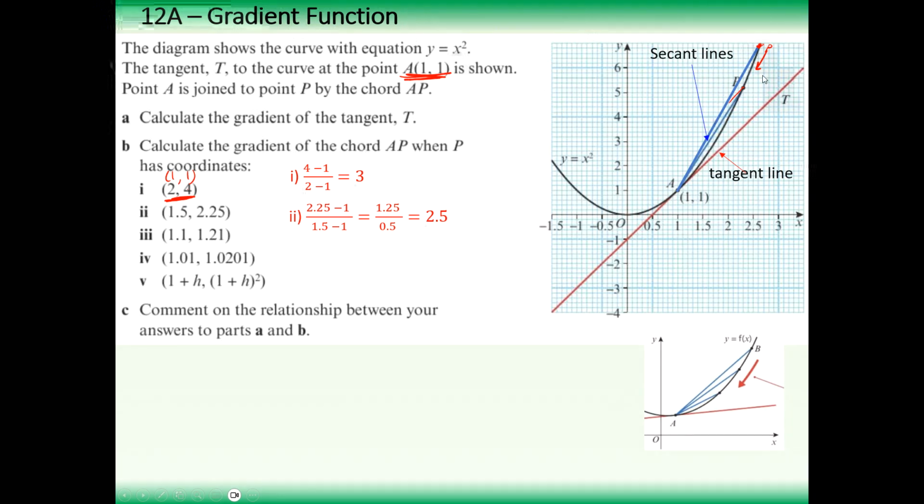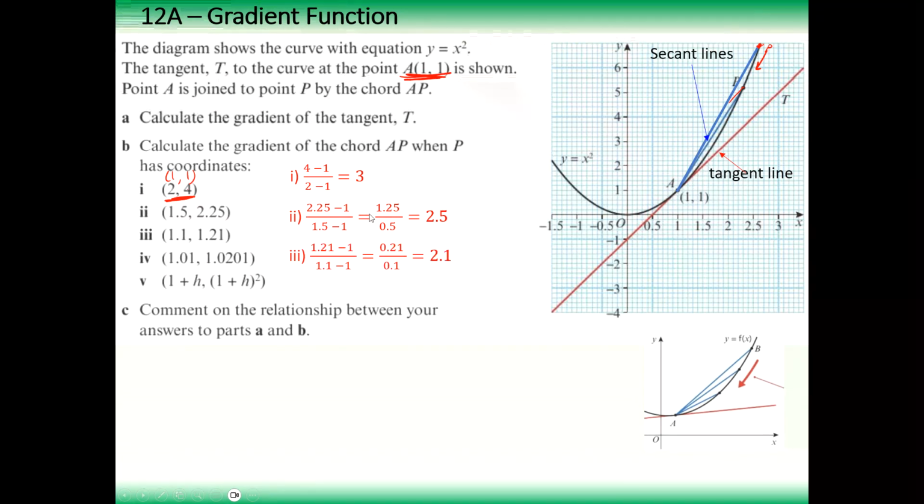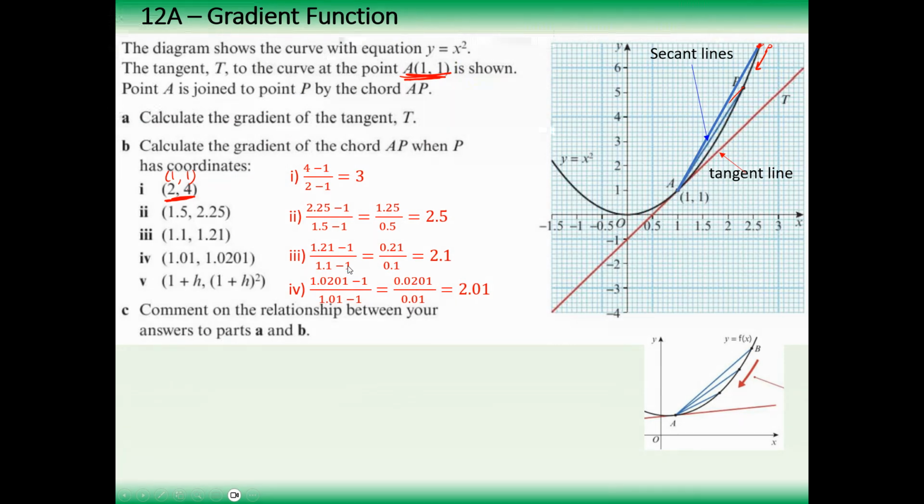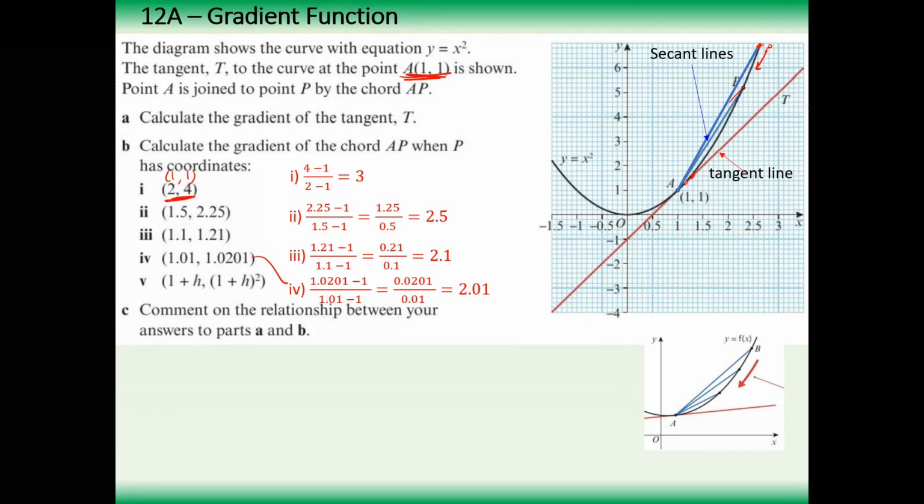Secant lines mean that, as I told you. And what we're trying to get to is finally the gradient of that red line, the tangent line at point A. Notice the tangent line only touches the curve at point A. So far we've slid it all the way down very close to point A. We're almost touching point A here, but this secant line is not visible because I cannot draw it with this pen.